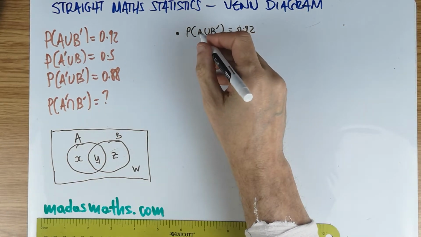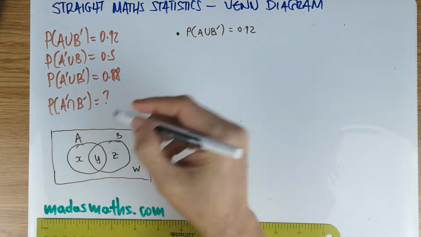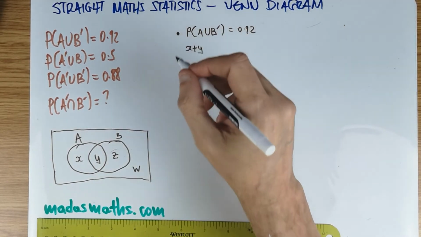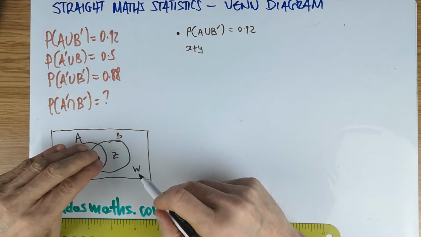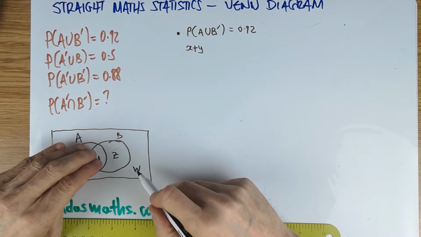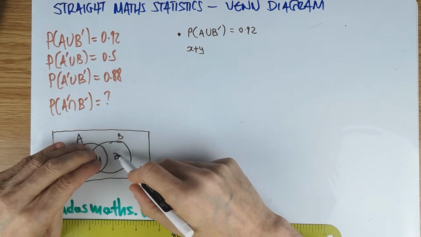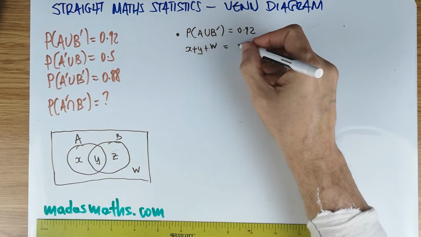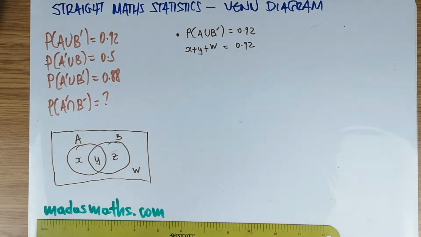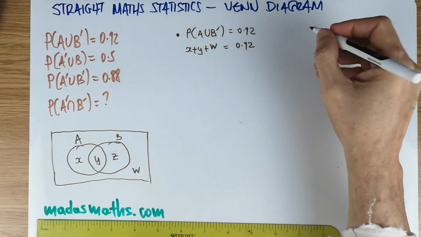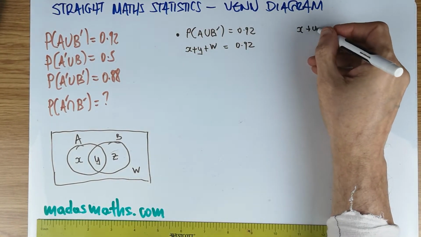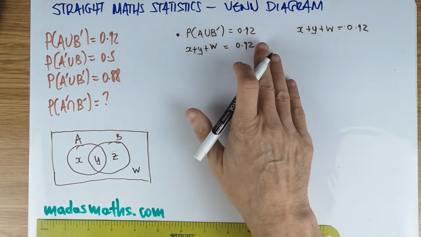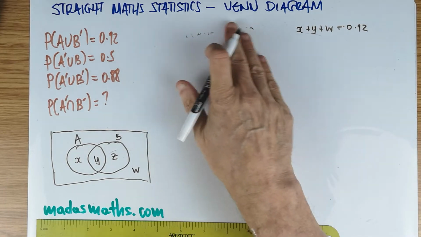So A is X plus Y. Or if you're not B, from what we've got left, plus W is equal to 0.92. That's equation number 1. Actually, I'm going to write it here, and I will be removing this as I'm moving from one to the other.